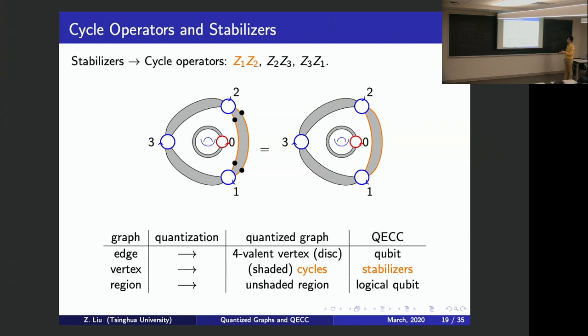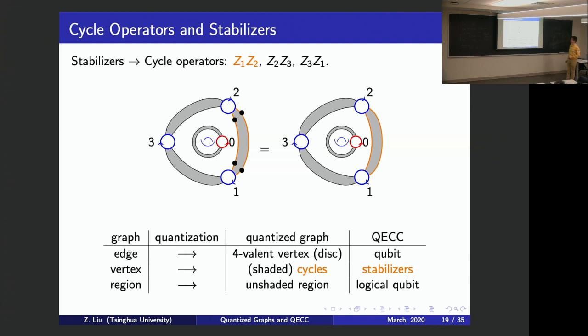So we read it locally. And on the right side, we read it the other way. We look at the pair of charges on strings, and then we cancel them. So two different computations, and the two different computations tell us Z1 multiplied by Z2 is identity. And that means it's a stabilizer of this encoding map.